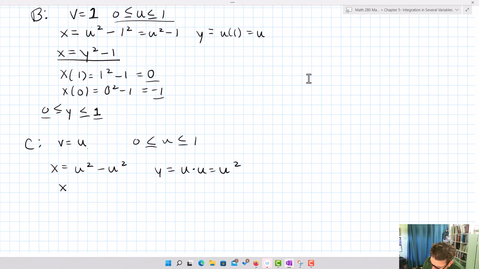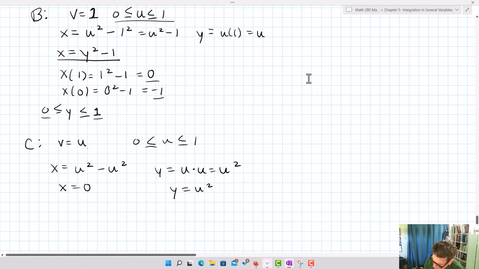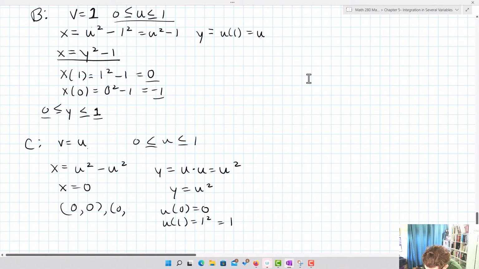So x is now going to equal 0, and y is going to equal u squared. Then u of 0 equals 0, so I go from 0, 0, and u of 1 is 1 squared, which equals 1, so to 0, 1.